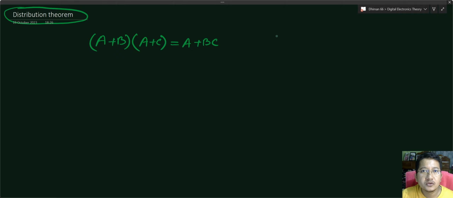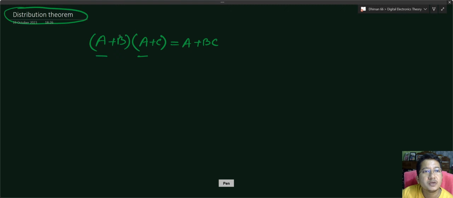I am not going to prove this theorem, but with one example we will understand how we can use it. Here we can see that in the first and the second max term we have A and A in common, B is another variable and C is a different variable.